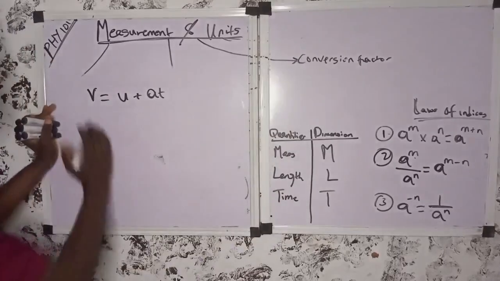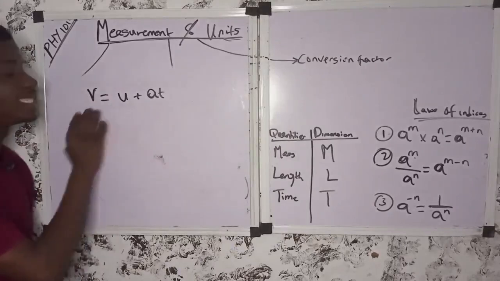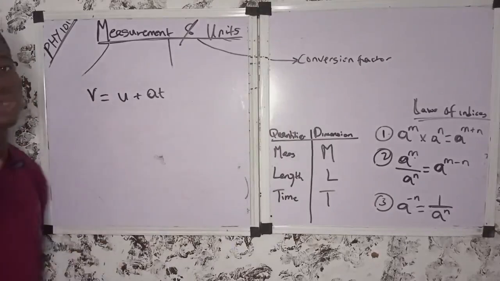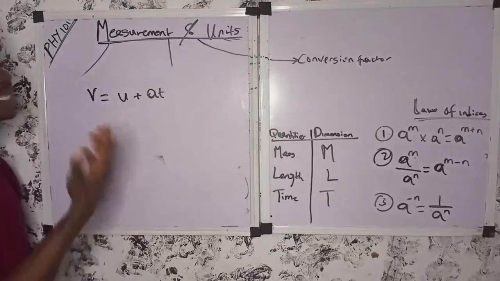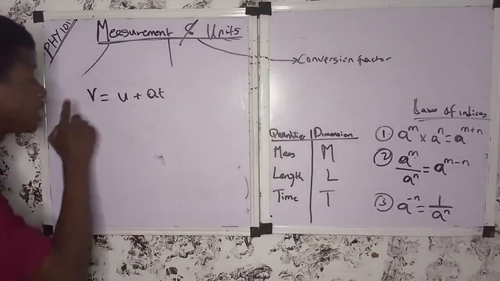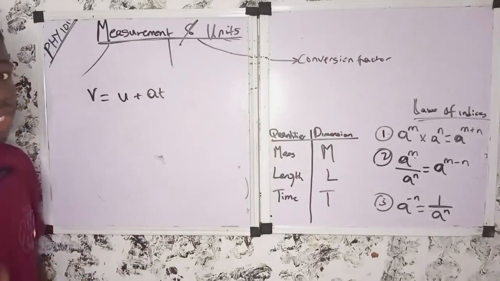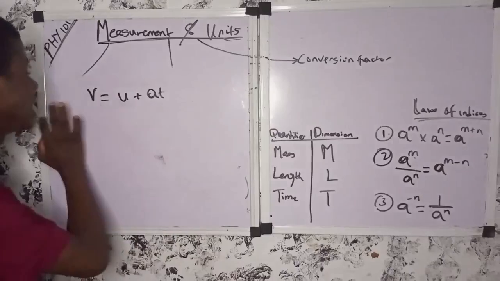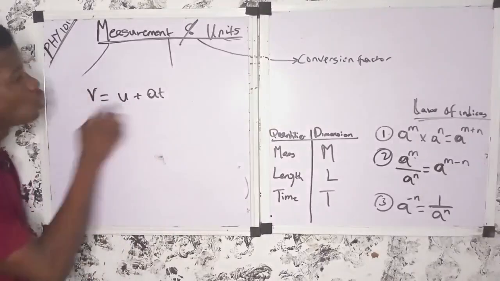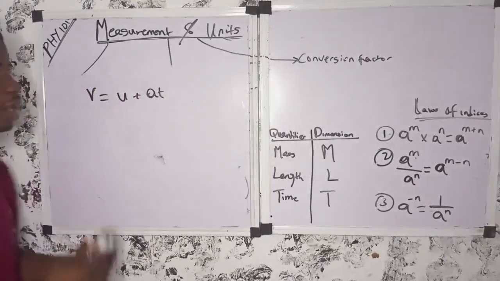When the dimension on this side is the same as the dimension on this side, that's when you know that an equation is correct dimensionally. Yes, that's the importance of dimension. Dimension tells you whether this equation is correct or not. And the equation that is correct has the same dimension on both the right-hand side and the left-hand side. Now let's prove whether this equation is correct.